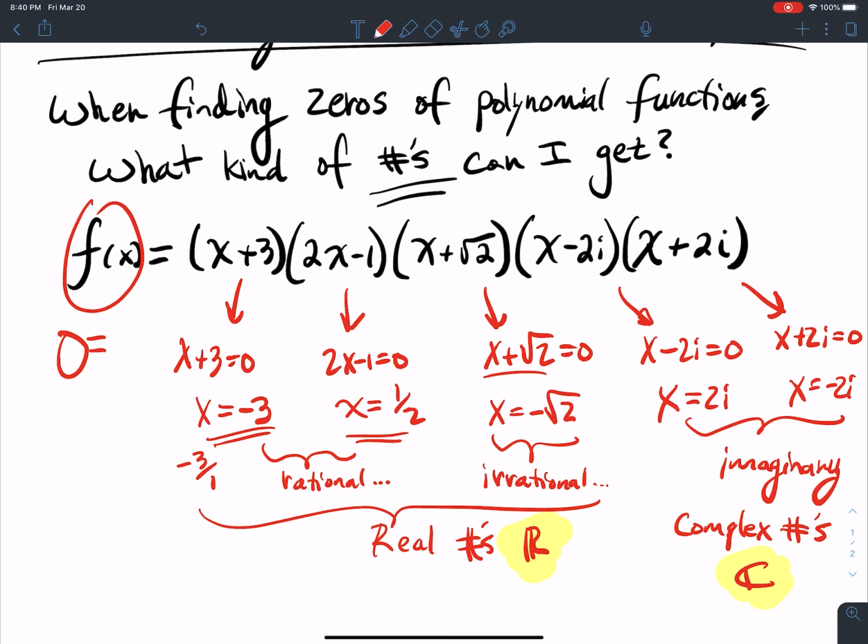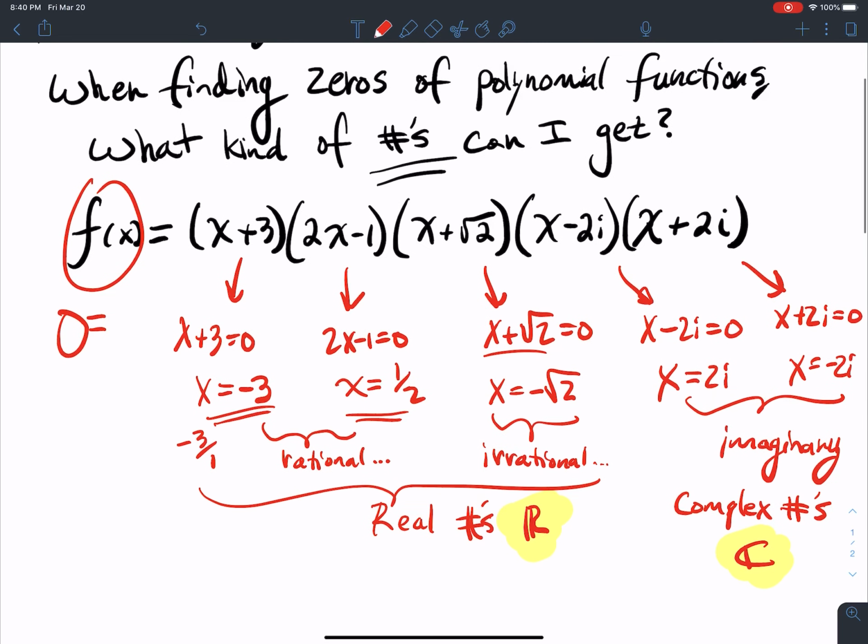Every real number is a complex number. You could write the number 3 as a complex number by 3 plus 0i. So there are a lot of different types of zeros that we can have.